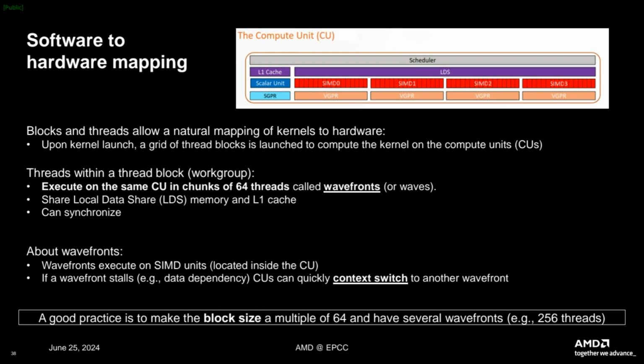There's a reason why this idea of a grid exists, and it's because it somewhat maps naturally to how the actual hardware looks. In fact, here I'm reporting the schematics of a compute unit for an MI200 series accelerator. In general, threads within a thread block or work group execute on the same compute unit in chunks of 64 threads that we call wavefronts or waves.